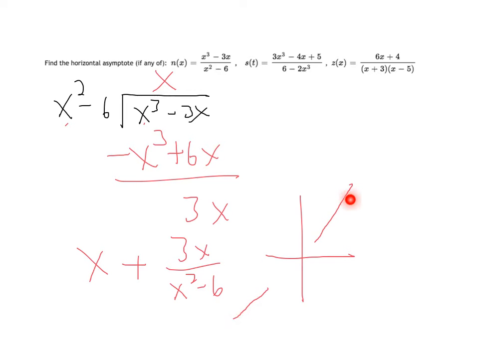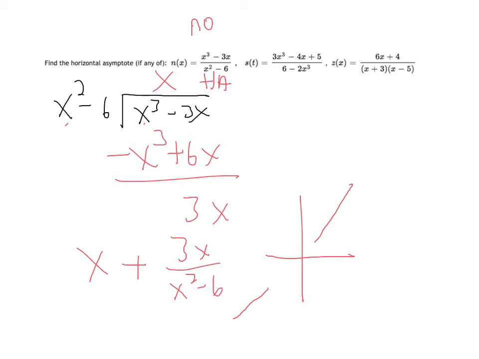That has a slant asymptote. And the shortcut way to know that is, this is what we call a top-heavy function. The degree of the numerator is bigger than the degree of the denominator. So because it's top heavy, there's going to be no horizontal asymptote there.